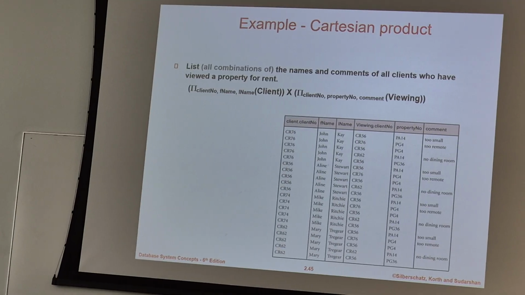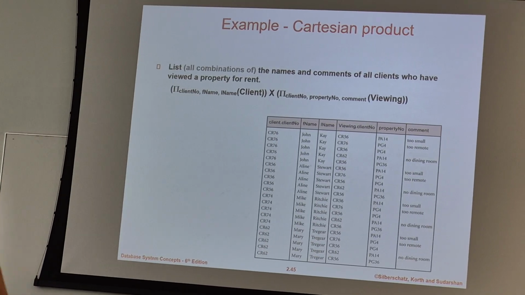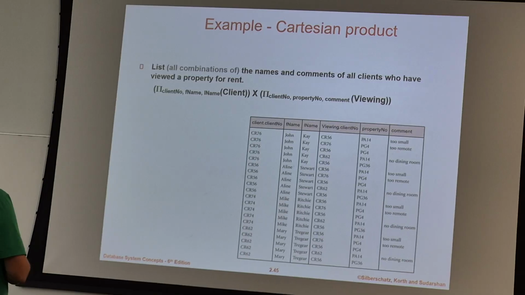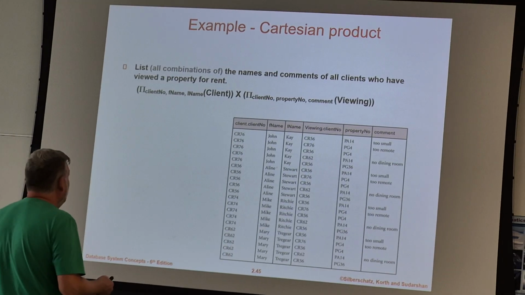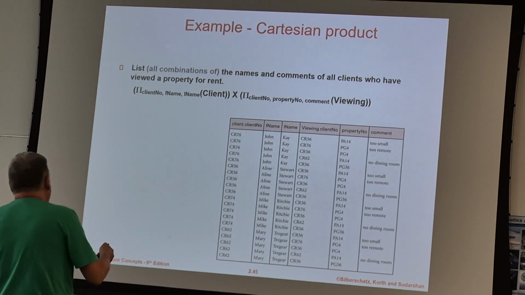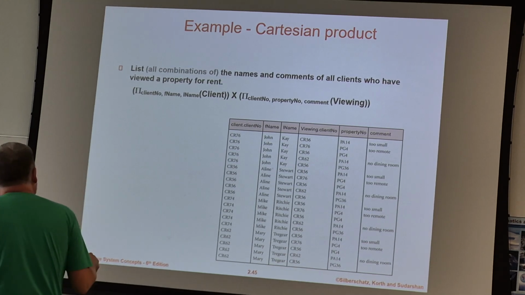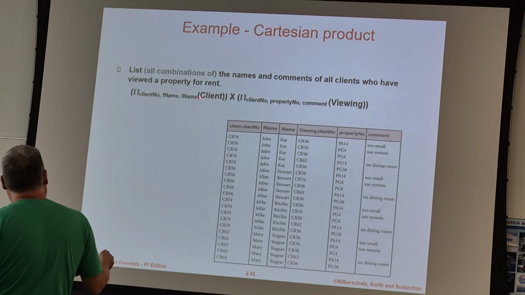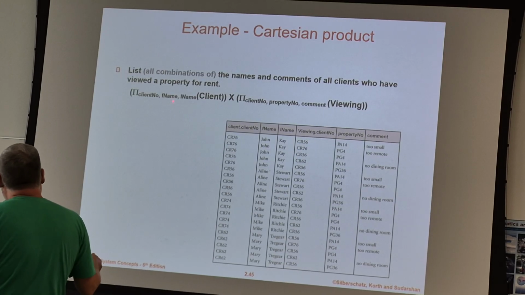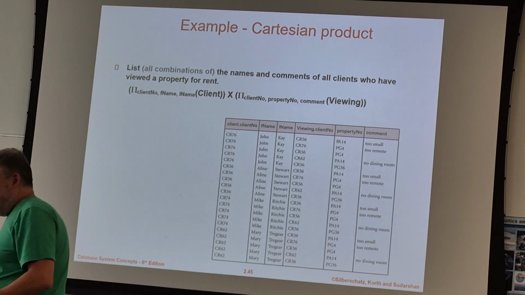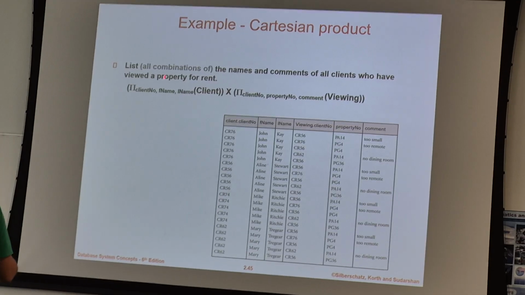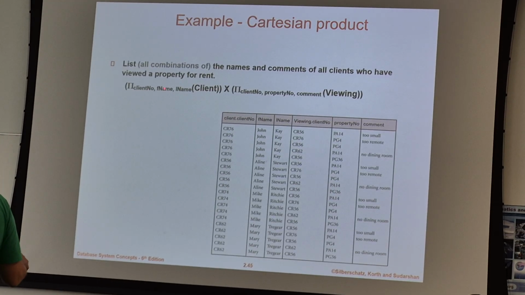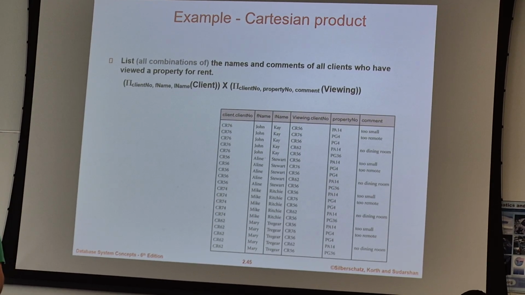Here is an example from the real estate company, and of course we don't see the source tables again, because that book never lists them, but we do see how this thing was put together. First, we used a projection operation. We grabbed out of the client table, which probably had more than 3 columns in it, only the client number column, the first name column, and the last name column.